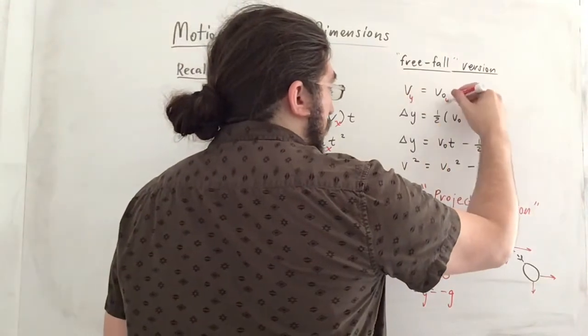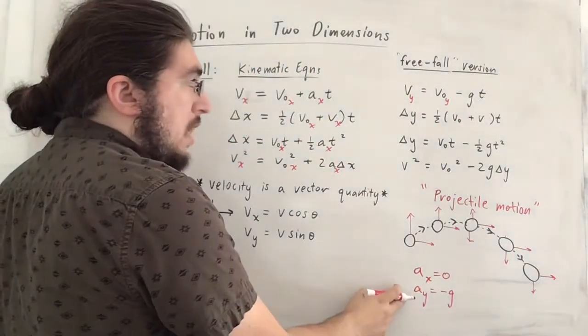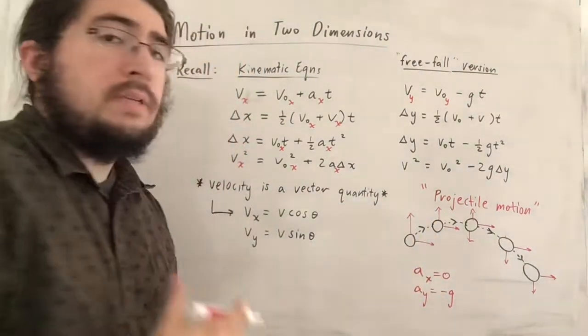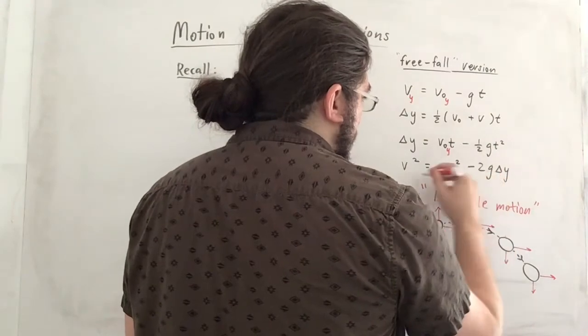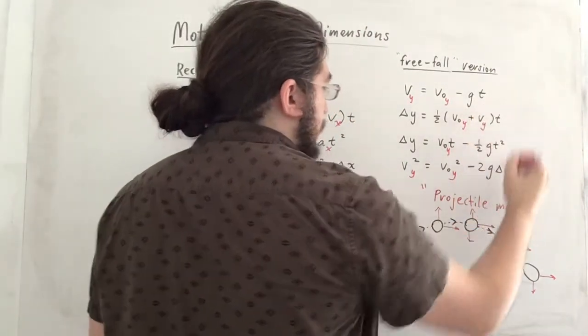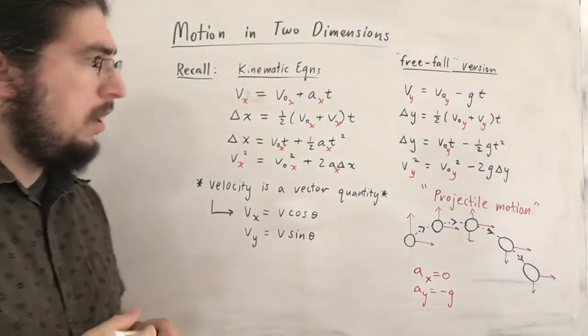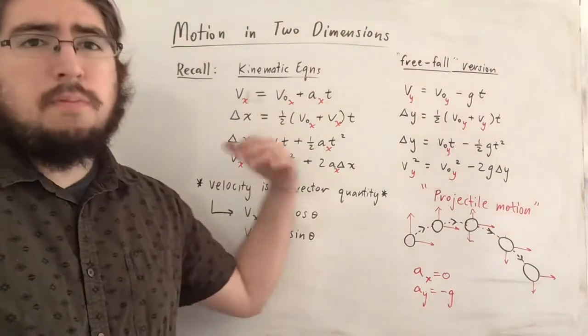So these would be vy, v naught y. Negative g in this case is taken to be ay, and that's just a specific version that we'll be seeing very often in this class for the problems we'll be seeing anyways. But there are cases where these should have y's as well. There are problems where we don't replace ay with negative g, but that's mostly what we'll be doing.